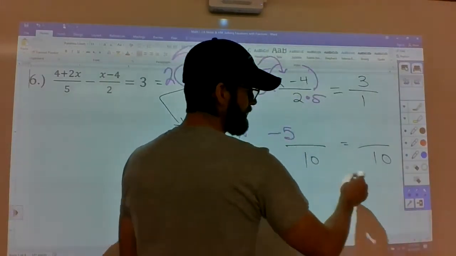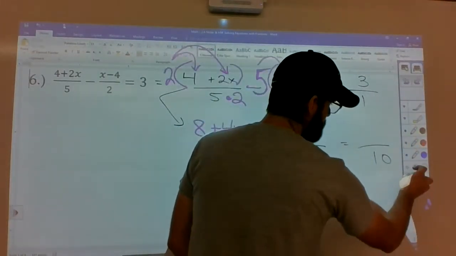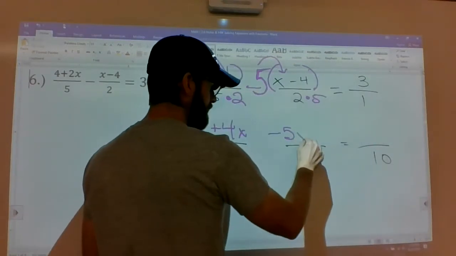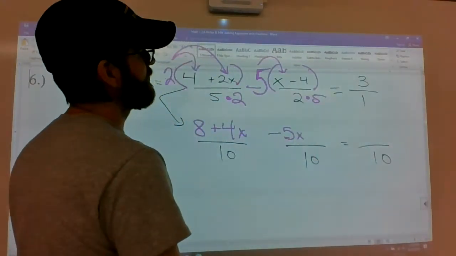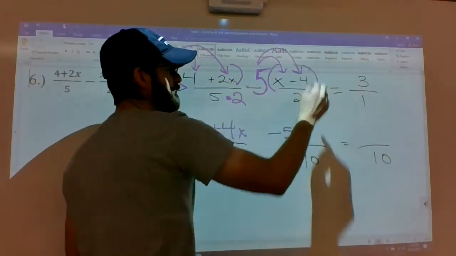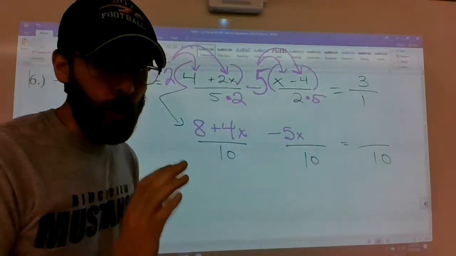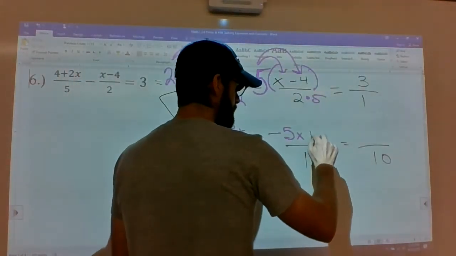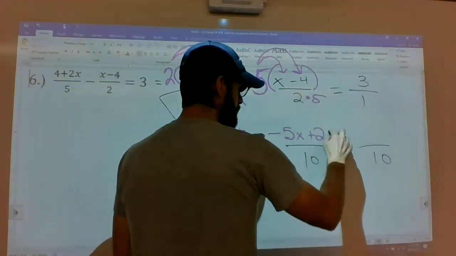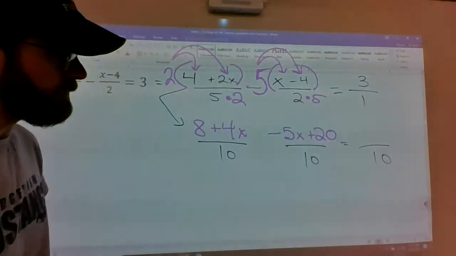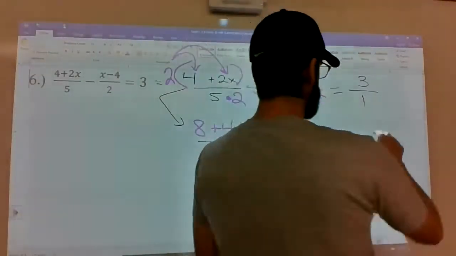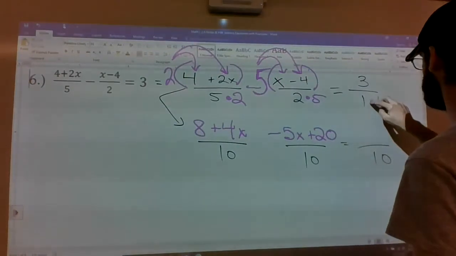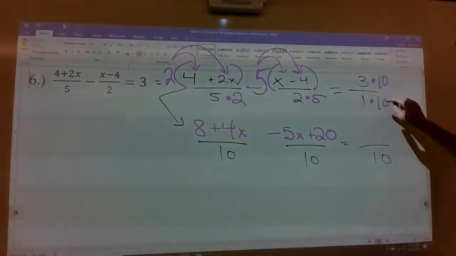And then negative 5 times negative 4 is positive 20. And then lastly, you take 1 times 10 to get 10. So take 3 times 10. You get 30.